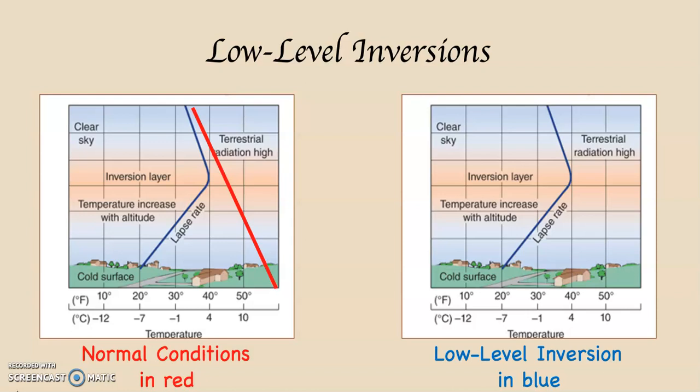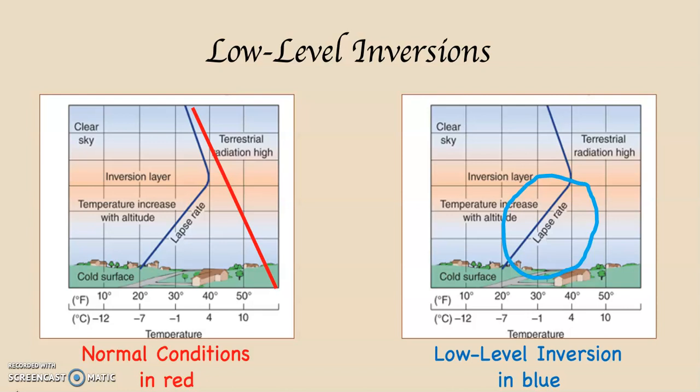Can you see that? Right there. That is the low level inversion. It means that along the surface of the ground, the air is cooler than the air above it. But you can see you reach some elevation and then everything goes back to its normal conditions, which is decreasing air temperature with increasing altitude.